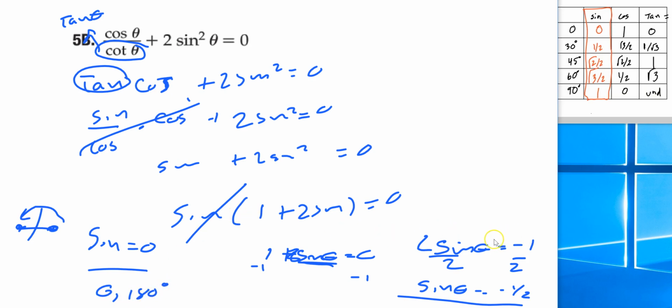Where does sine equal negative 1/2? That one's a little trickier. You have to do all students take calculus. Sine, this is a negative value. Sine is positive at A and S, so it must be negative down here. Now it's your choice. You can either do triangles or you can use a table. In this case, I'll do a table because we have it right here. Negative 1/2, where does sine equal 1/2? 30 degrees. So it's 30.